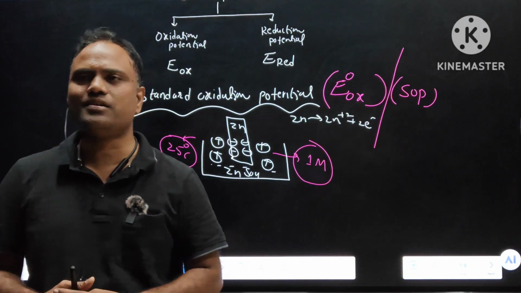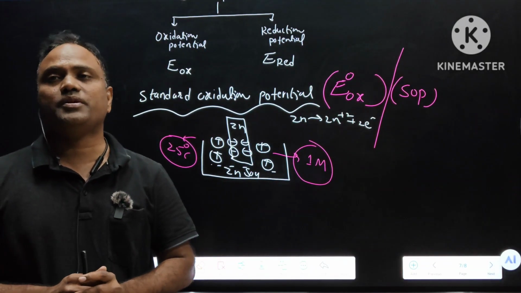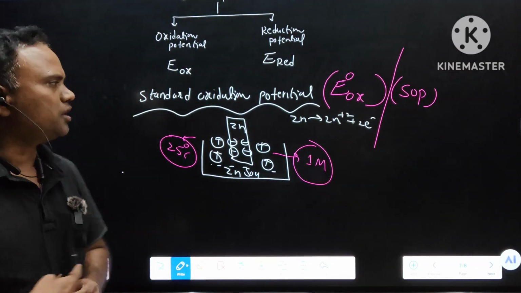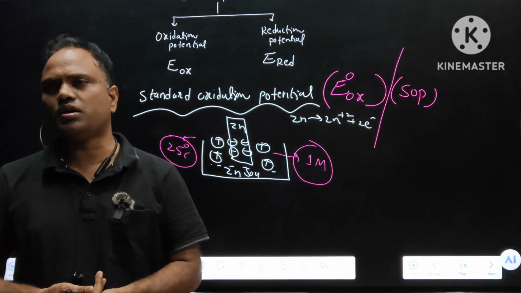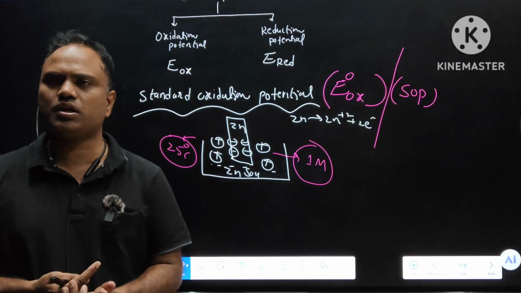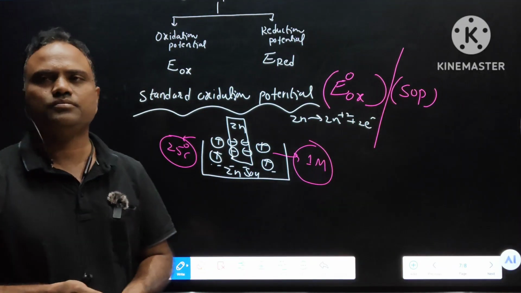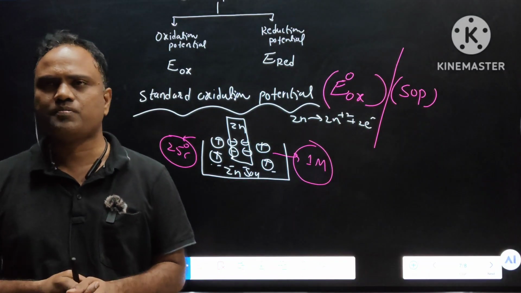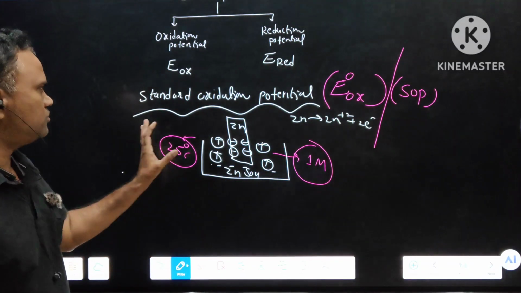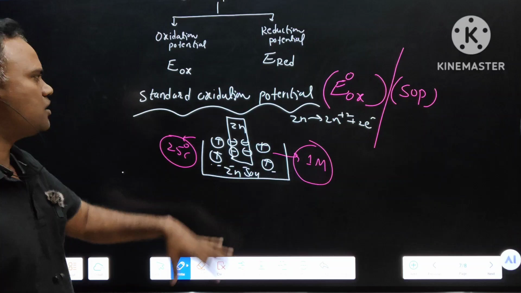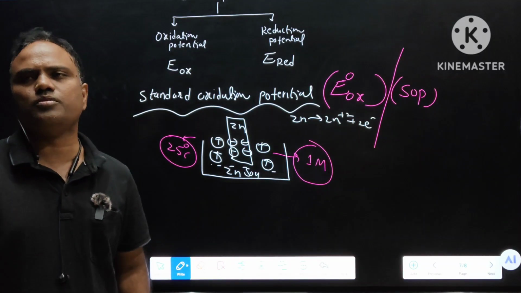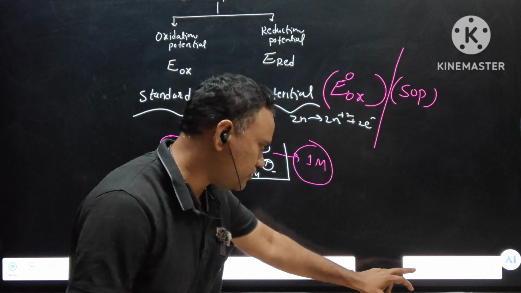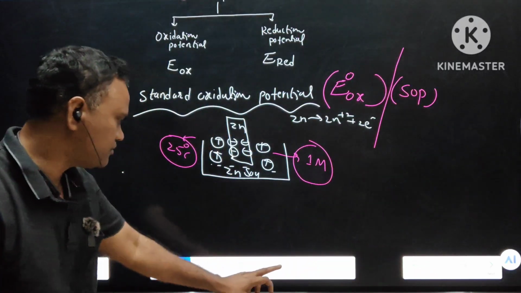Now onwards remember, E naught means potential difference developed at standard conditions. Electrode potential developed at standard conditions. Whether it is OX or RED depends upon the given diagram. Clear? So I gave the definition: standard oxidation potential means oxidation potential developed at standard conditions. Over.